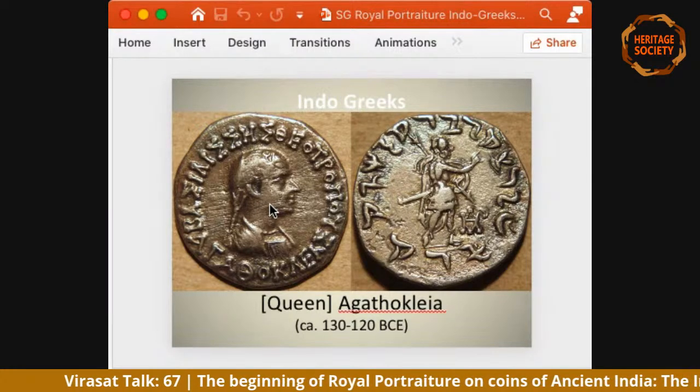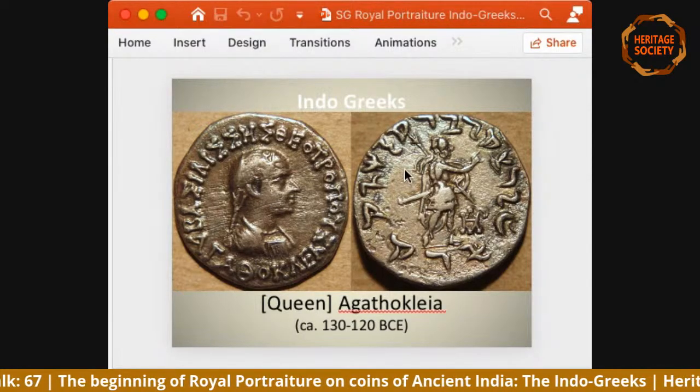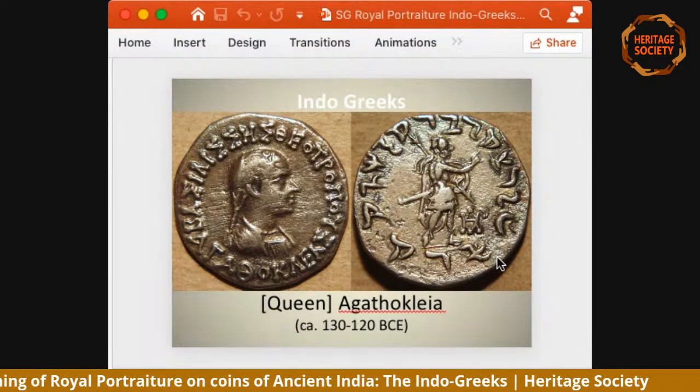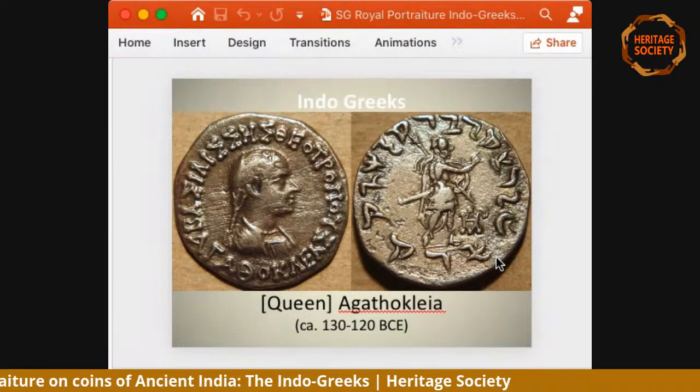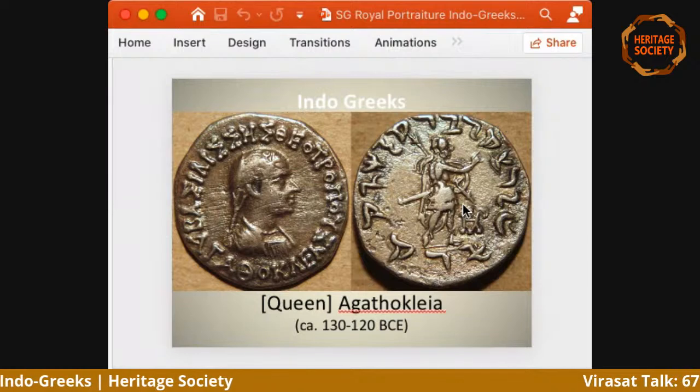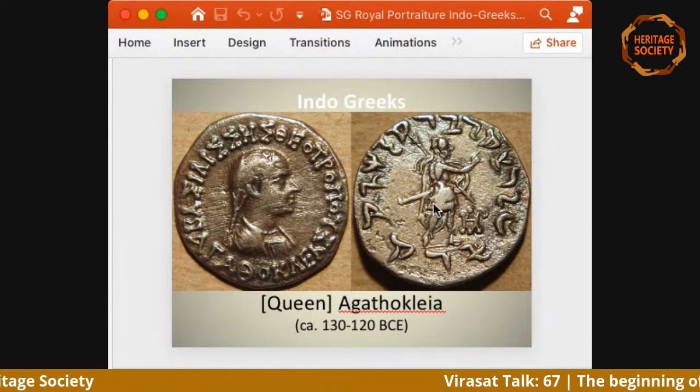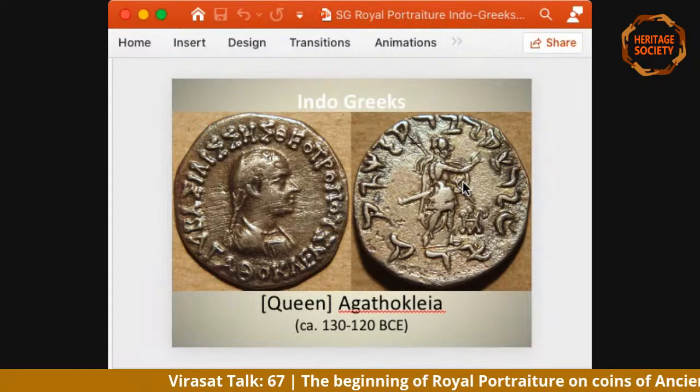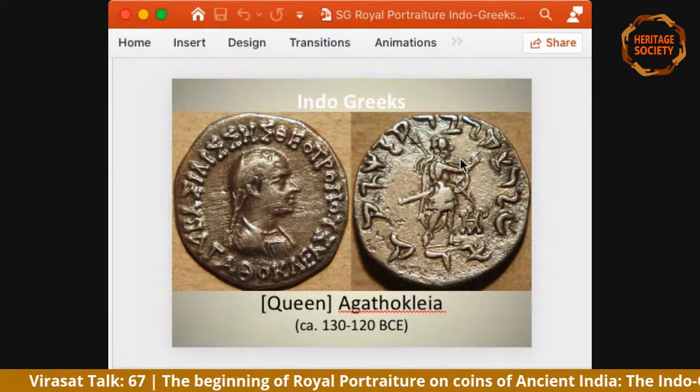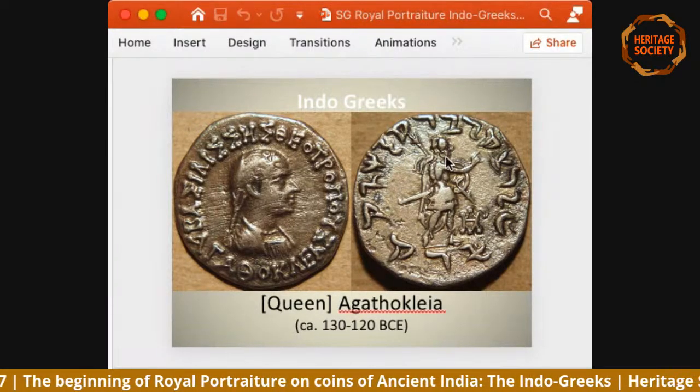And on the reverse, we find the Greek legend all around, and a male figure walking, outside the field, so to say, a male figure with all the arms.